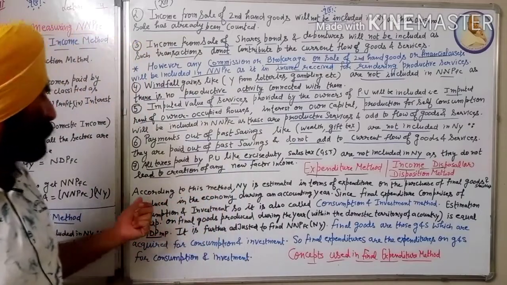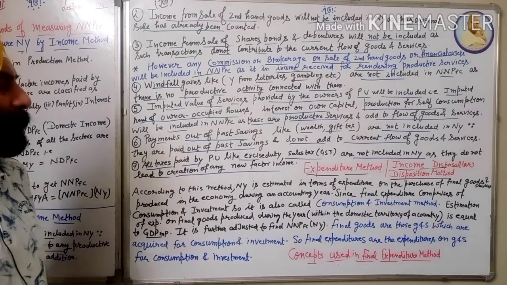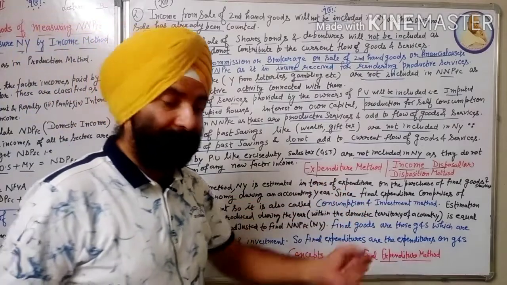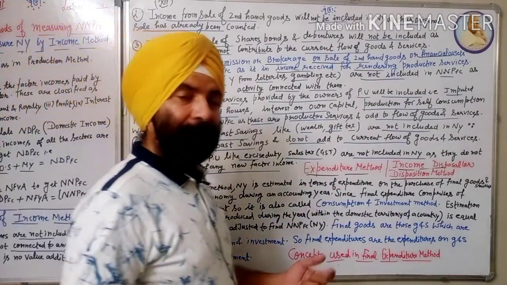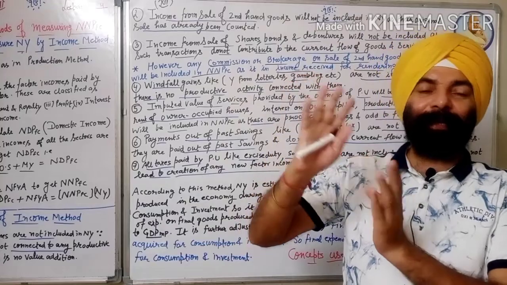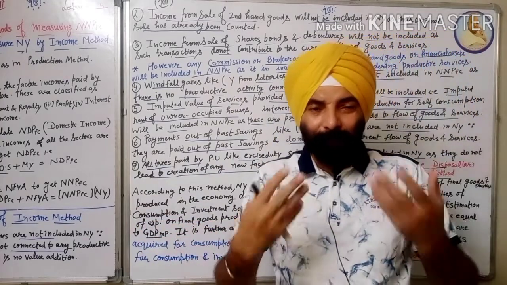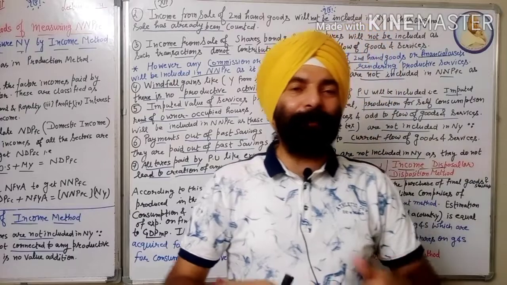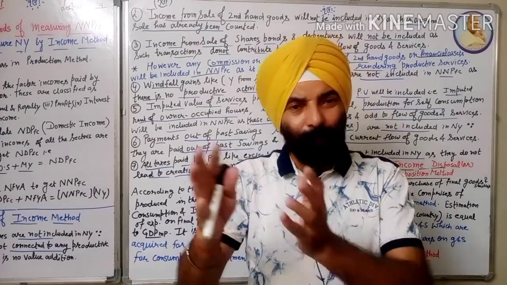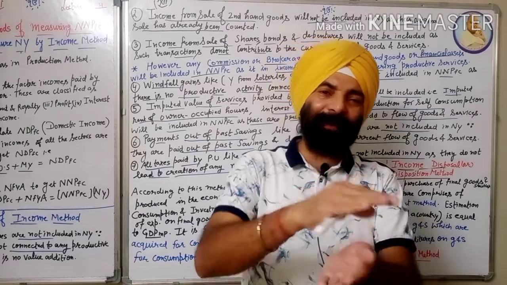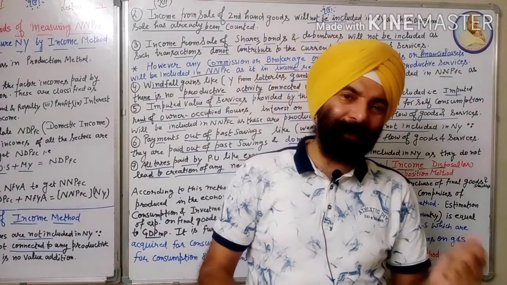According to this method, national income is estimated in terms of the expenditure. ध्यान देना, खर्च के बेस पर हम इनकम को जोड़ेंगे, देखेंगे. वैल्यू एडिड प्रोडक्शन मेथड, प्रोडक्शन के एंगल से हम ढूंढते हैं नेशनल इनकम को. यहां पर हम खर्च कर रहे हैं, जो हम फाइनल एक्सपेंडिचर कर रहे हैं, उसके बेस पर हम नेशनल इनकम को फाइंड करते हैं. So it is the other side of the coin. उधर हम प्रोडक्शन एंगल ले रहे हैं, यहां पर हम एक्सपेंडिचर की बात कर रहे हैं.